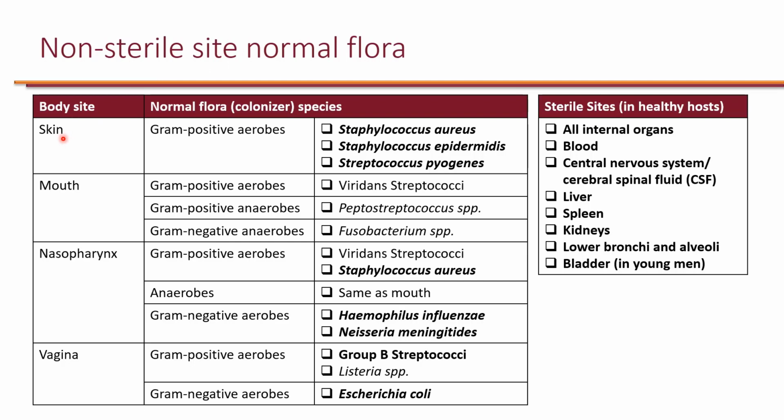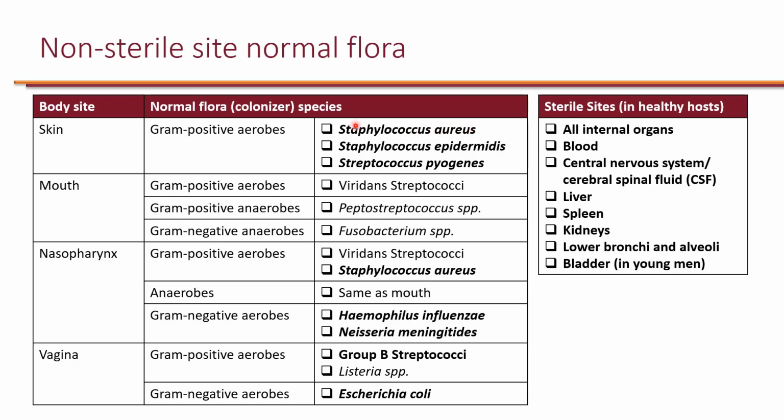The skin in general has gram-positive aerobes, such as any Staphylococci species, including Staph aureus. If you find Staph aureus on the skin, it's not necessarily an infection in a healthy host. Occasionally, this may cause skin infection.